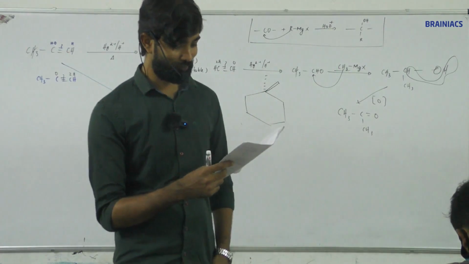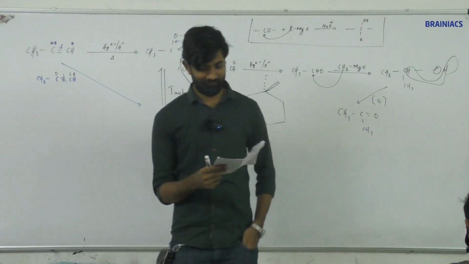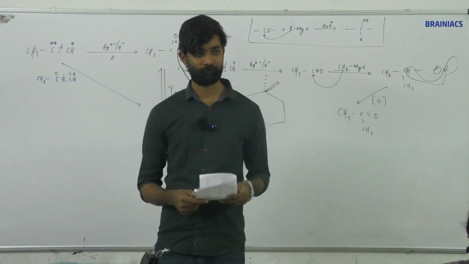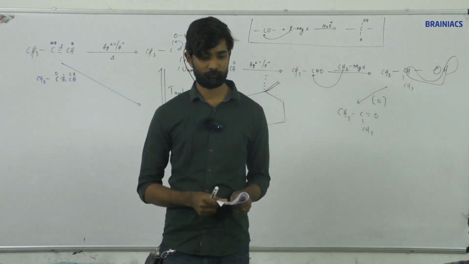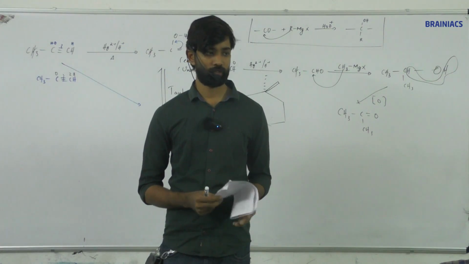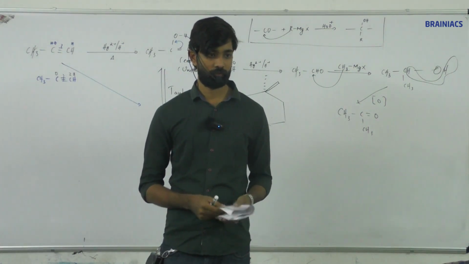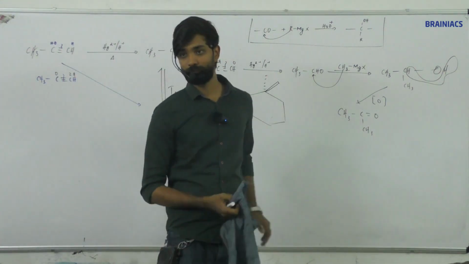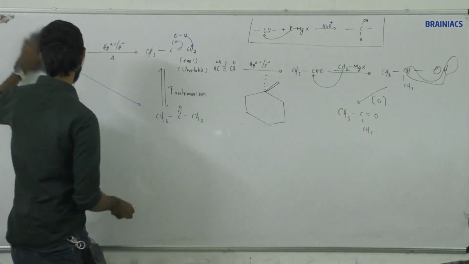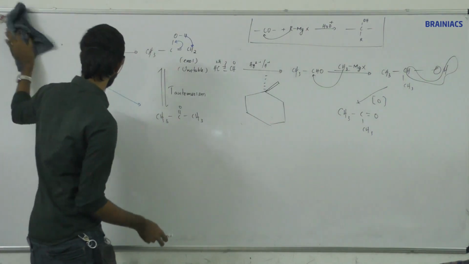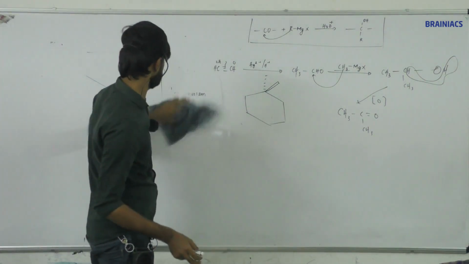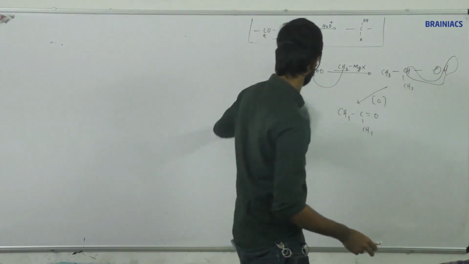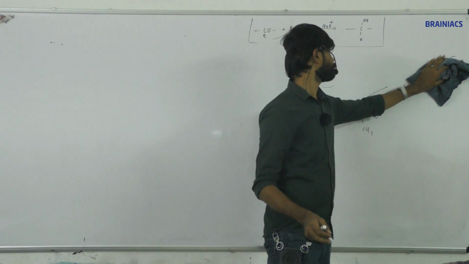Next, question number 48. The electron density of pyrrole is maximum at? GOC discussion now. So you have to know the resonance structure of pyrrole. Then only you can answer this, okay?